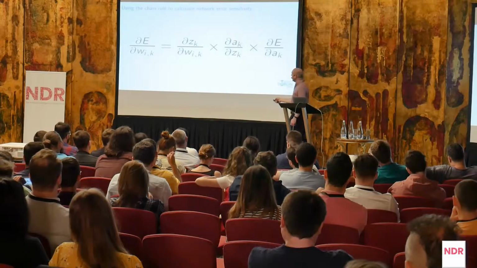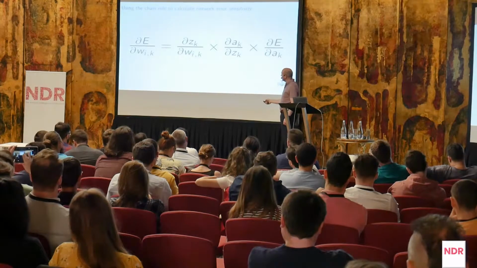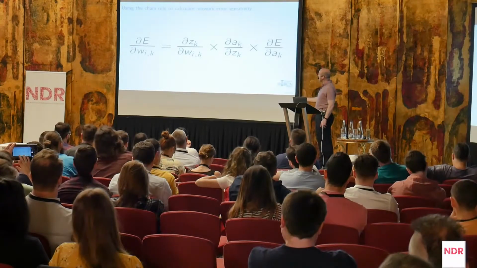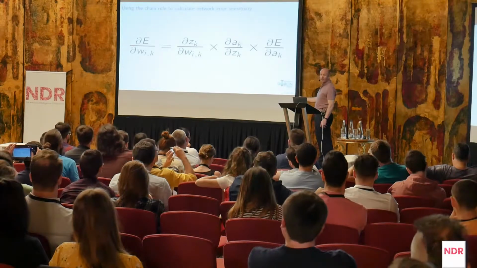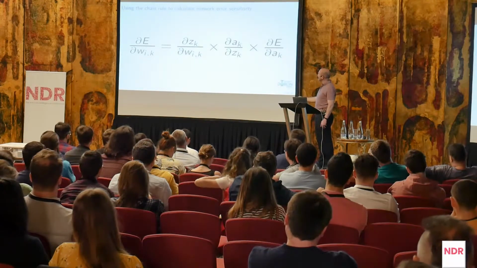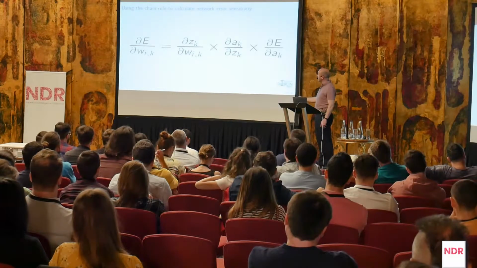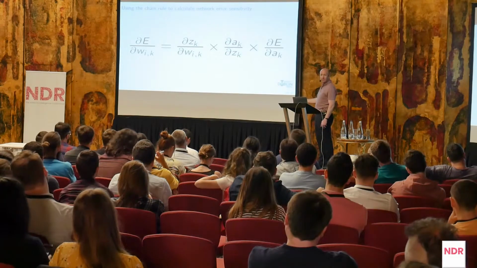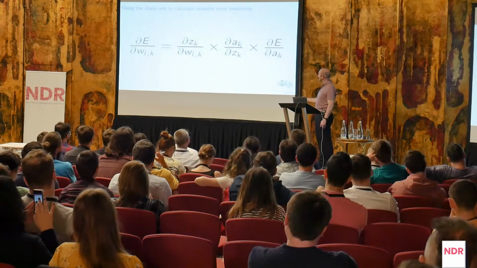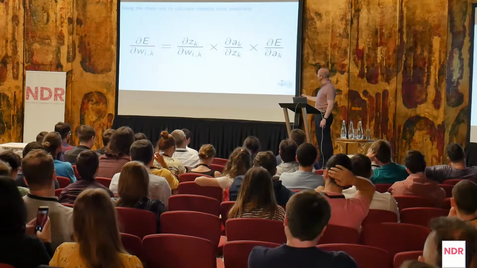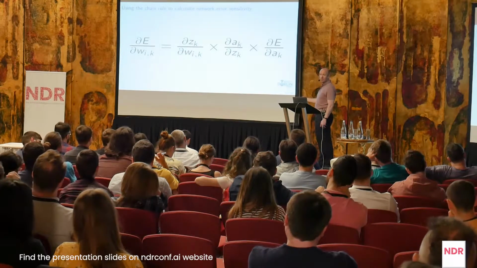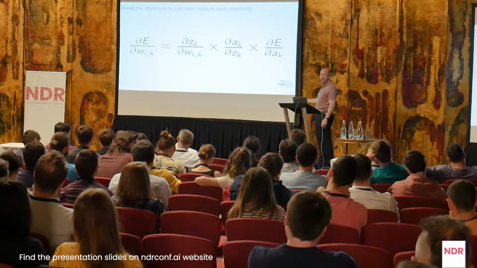So, the rate of change of the error of the network with respect to a weight in the network is equal to the rate of change of the weighted sum in the neuron, z, with respect to the weight. Then we multiply that by the rate of change of the activation of that neuron, the output of the neuron, with respect to the weighted sum, which will have been changed by changing the weight.